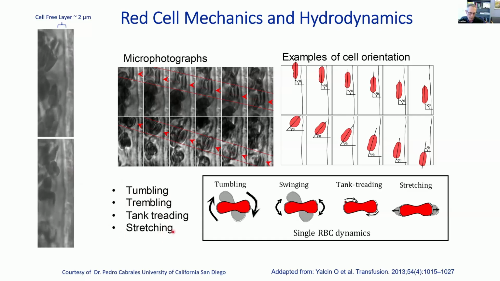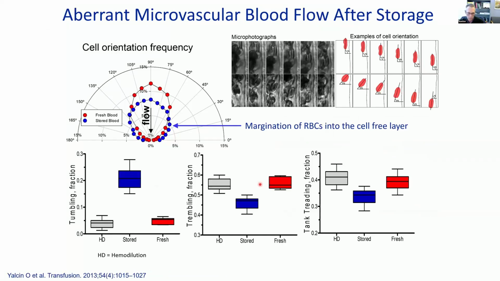Stretching is a normal response. Tank treading, trembling, and tumbling all have somewhat pathological responses if they occur excessively. And if you look at red cells in general under storage and how they affect flow, the primary effect is really that red cells increase margination toward the vasculature and then at some point start to impede flow.